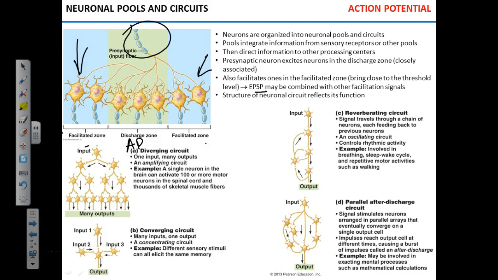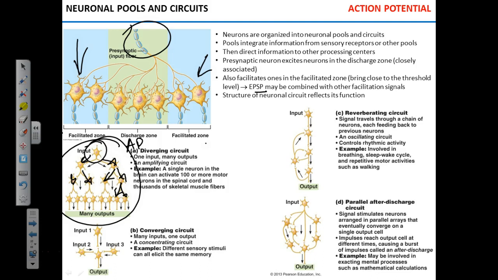Now neurons are also organized in circuits, and circuits of different structures generally regulate different activities. Diverging circuits, exemplified here, have one input which branches out to multiple outputs. You can see it here. It all starts with the neuron here, which discharges to these two. Each of them discharges to two more neurons, and they just keep branching down.